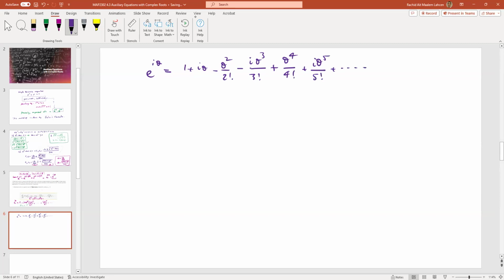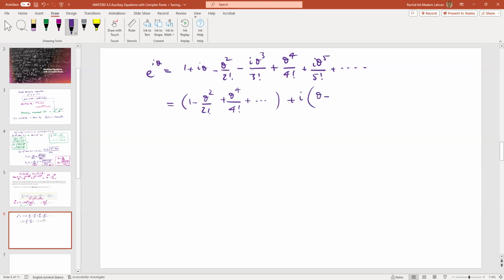Okay. And from here, you can see that you have terms that have I and terms that don't. So if we collect them, let's just write it here. The ones that have even powers don't have any I remaining, and the ones that have odd powers have I remaining.